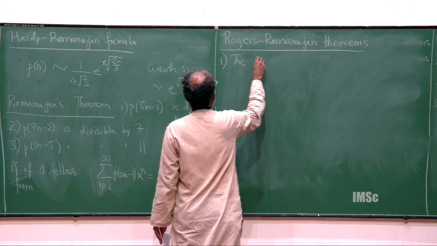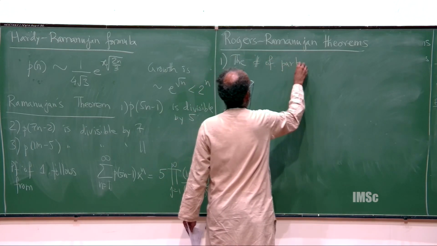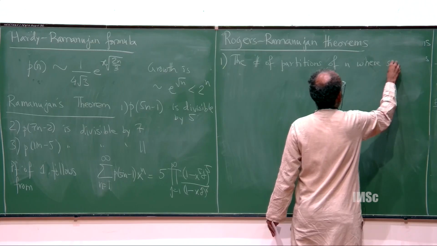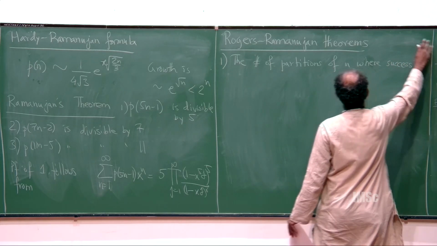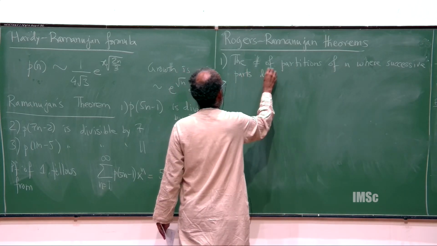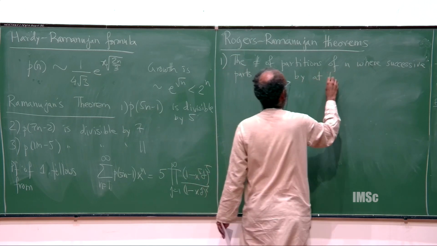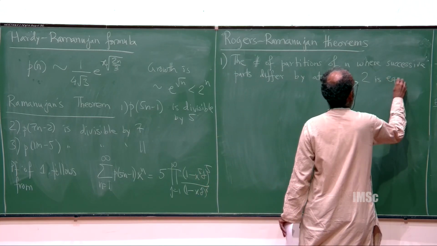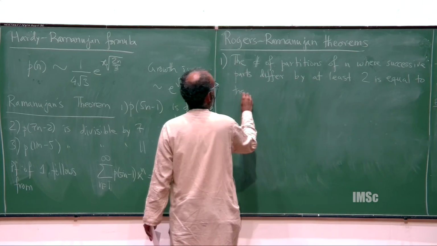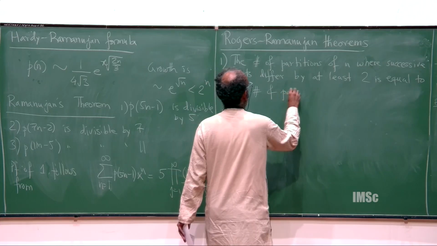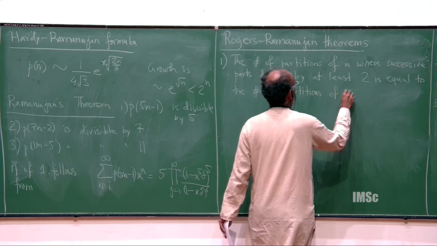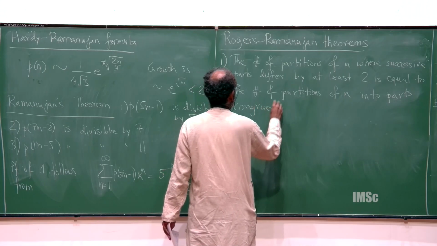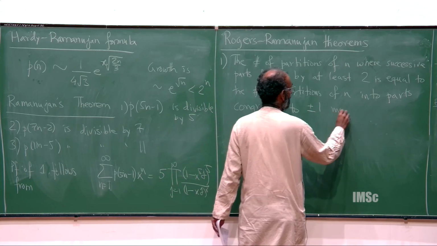So the number of partitions of n where successive parts differ by at least 2 is equal to the number of partitions of n into parts congruent to plus or minus 1 mod 5.